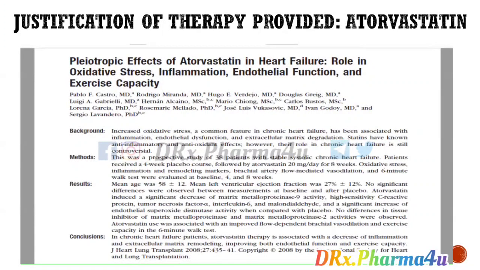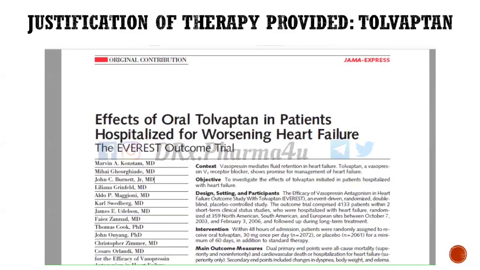So that is also good for heart failure indirectly. Tolvaptan is also very good for heart failure because it is a vasopressin receptor blocker. So that is actually good for reducing edema related problems or something related to heart failure.